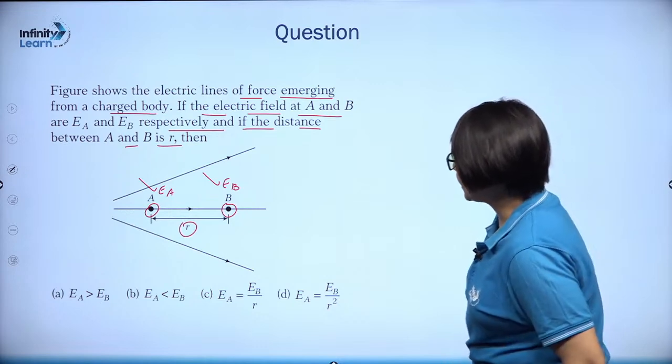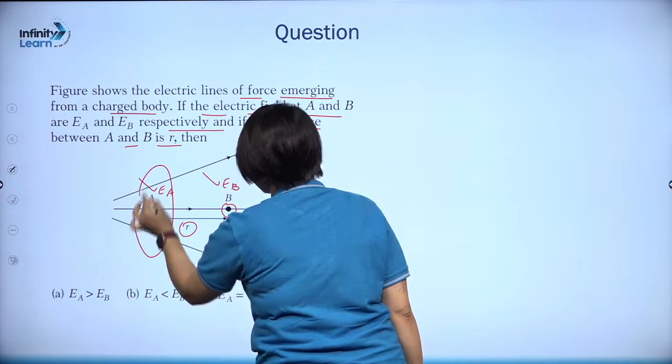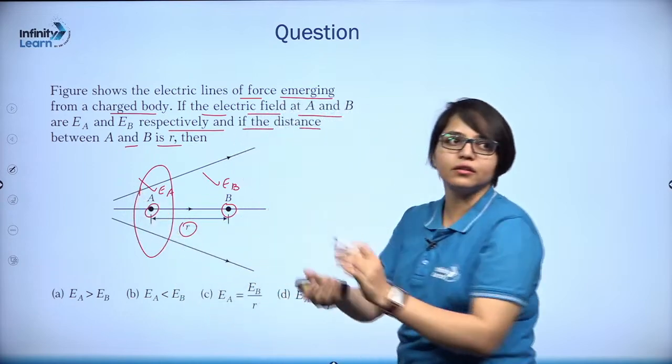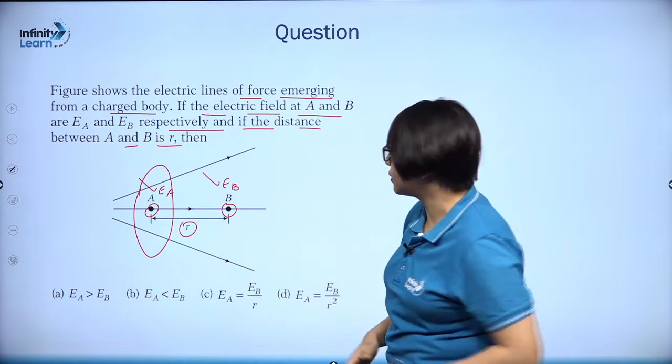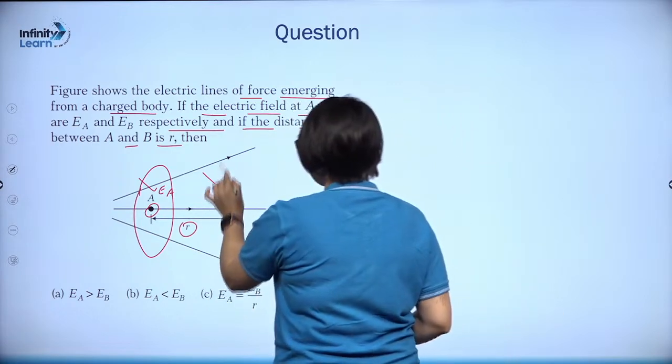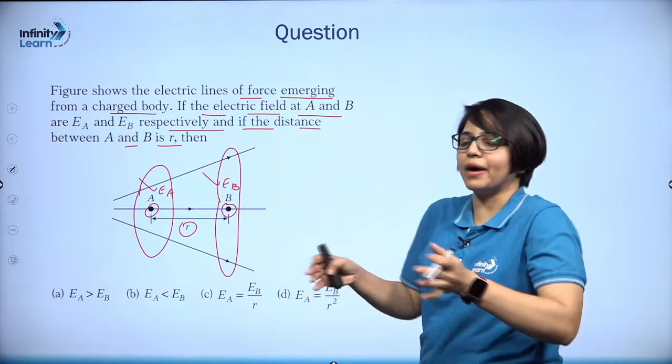Alright, so see over here where the point A is, the electric field lines are close to one another, whereas at the location of point B the electric field lines are slightly far apart from each other.